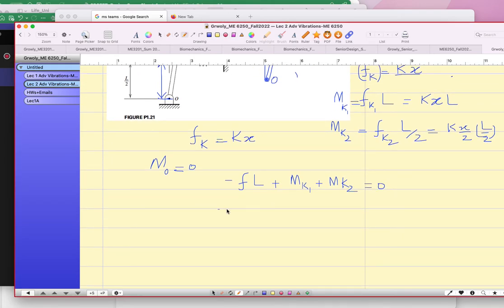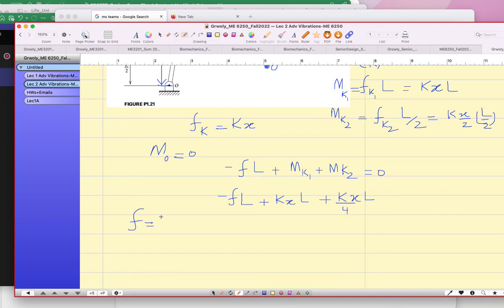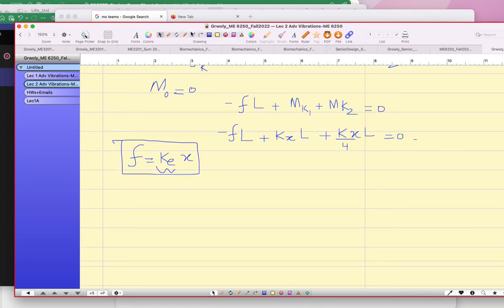Or I can write down FL plus K times X times L plus K times X times L over 4. Because they are asking us to find the equivalent spring, if you make this equation in this shape, then the slope, or the equivalent stiffness, would be the coefficient of X. So let's make this in that shape.